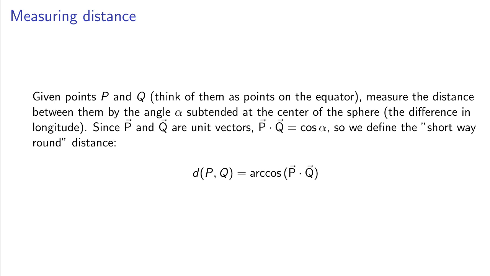And for unit vectors, the dot product is just the cosine of the angle. So I can say the distance from P to Q is the arc cosine of the dot product P dot Q. Hey, you said you were going to define distance and now you're talking about angles. Well, that is the way to measure distance in spherical geometry.